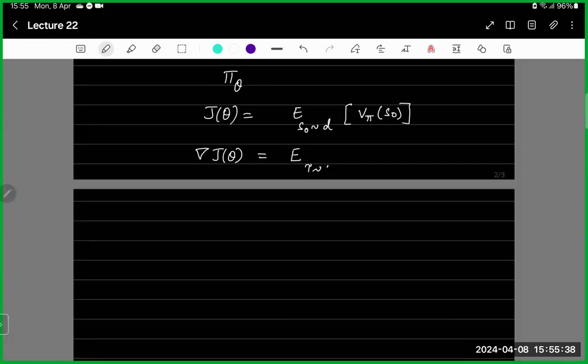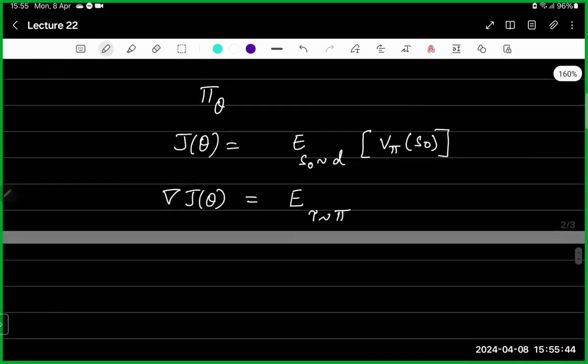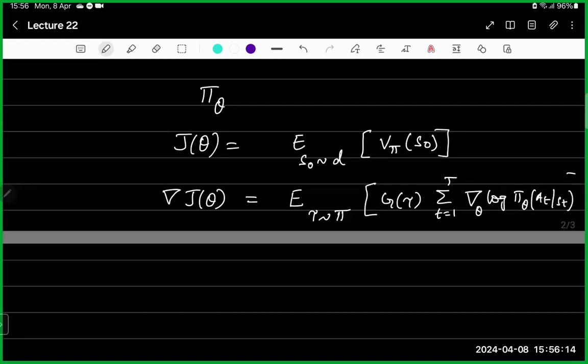One is you sample the trajectories according to pi, where tau is the trajectory, and the term inside is G of tau into del log pi theta of A_t given S_t. So this is our thing.